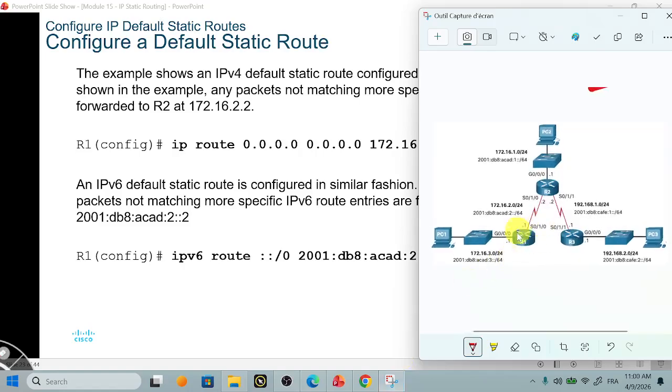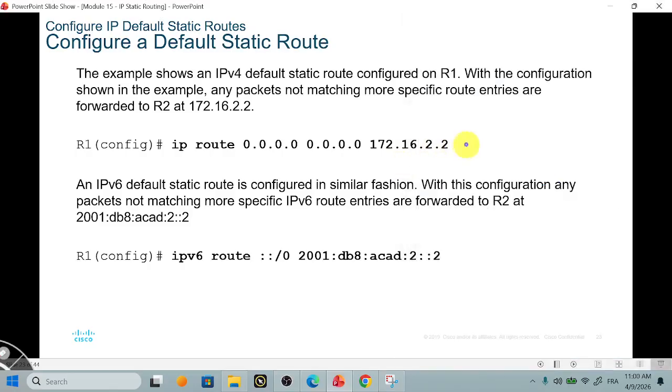Here, as you're defining a default route, remember, this is the default IP address. So IP route 0.0.0.0 0.0.0.0 and the destination, the next hop IP address. IP version 6 is exactly the same.